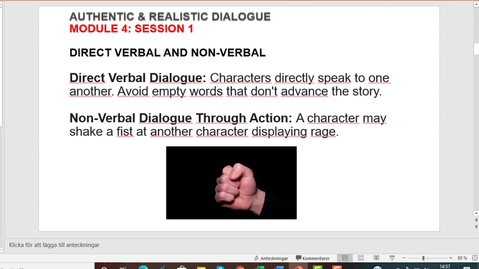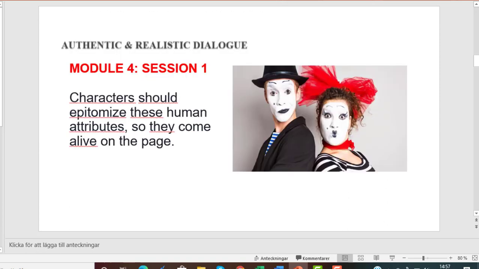Non-verbal dialogue through action. Here a character may wave a hand at another character in greeting, or a character may shake a fist at another character displaying rage. Characters should epitomize these human attributes so they come alive on the page.